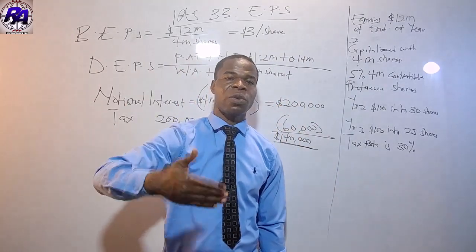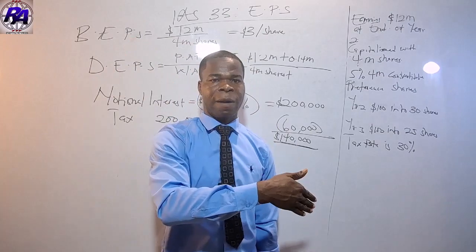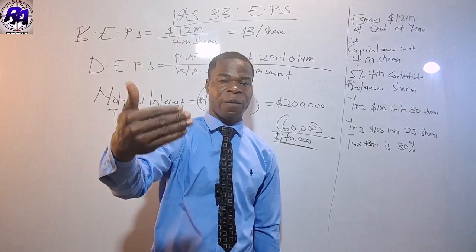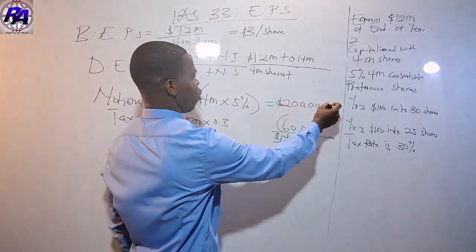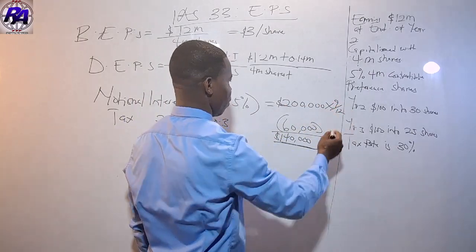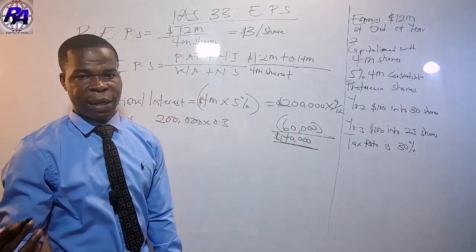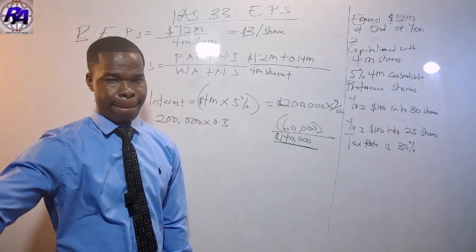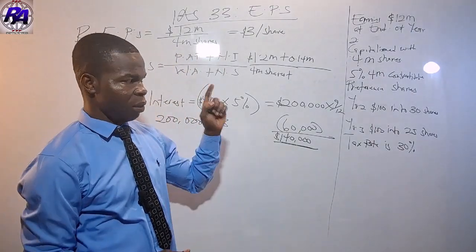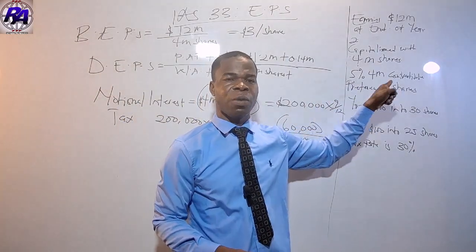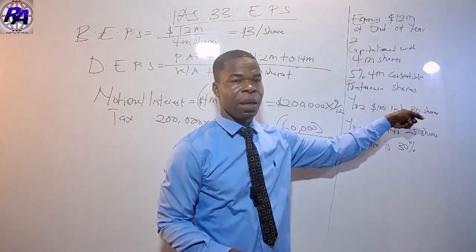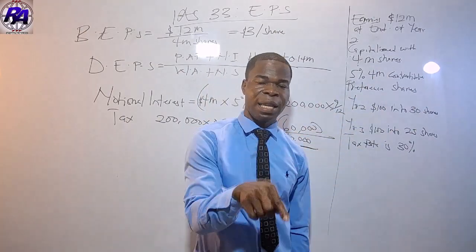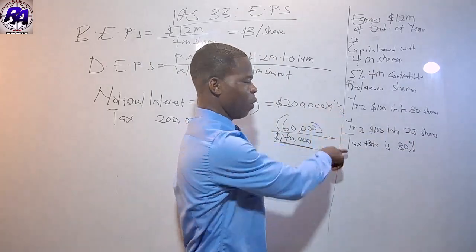So assuming that it was issued on the 1st of April, this particular profit would have taken 9/12, because from April to December is 9 months, assuming the accounting period end of the entity is December. So please take note of the date on which the convertible instrument is issued. This one was deemed to be issued at the beginning of the period. That's why we are taking the full 12 months.